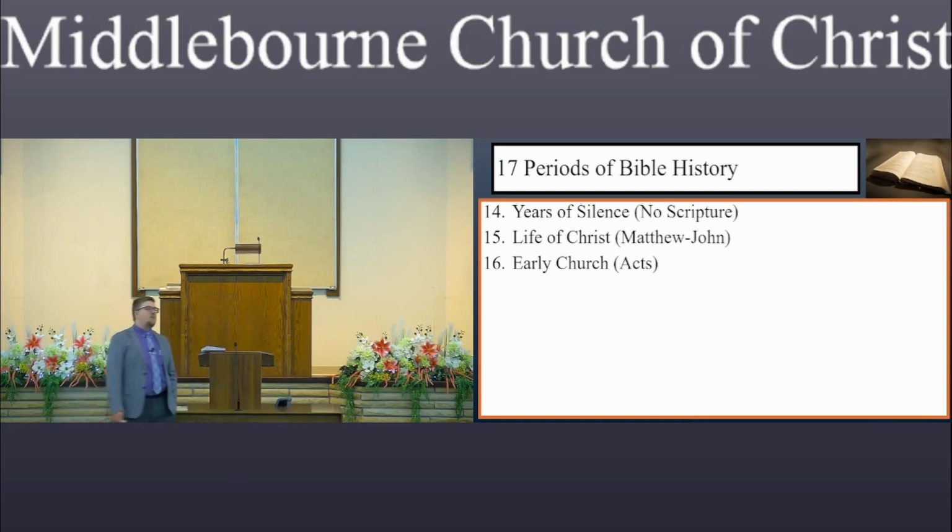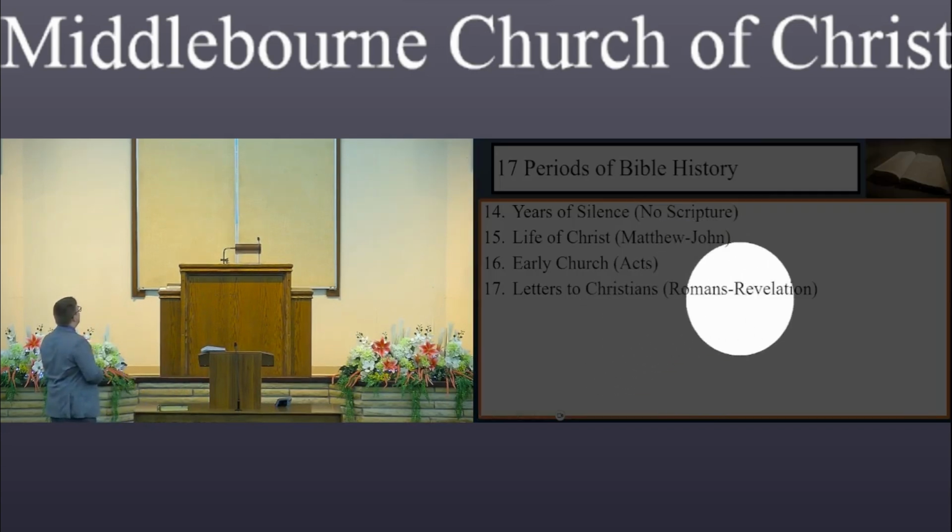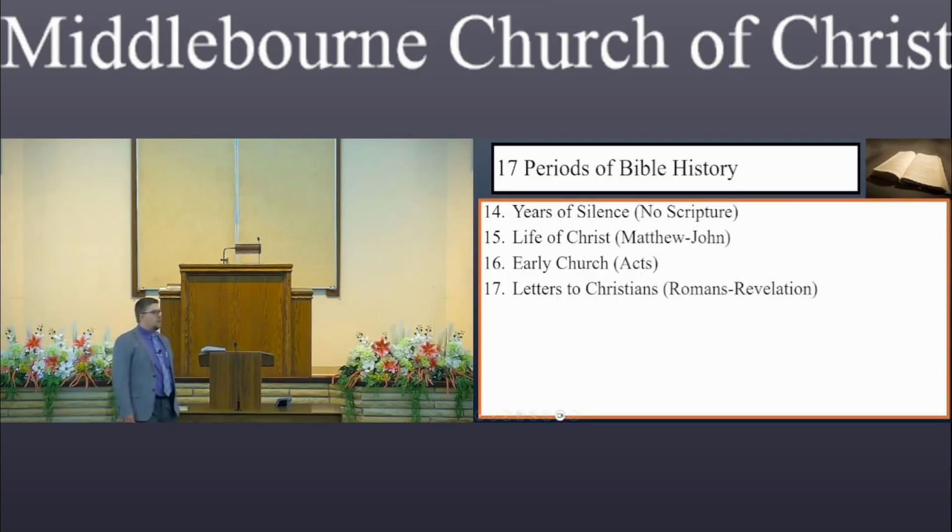And then the final one we often call the epistles, but for this we call it the letters to Christians. The reason is you'll sometimes see Romans through Jude as epistles and Revelation as a book of prophecy. But all of those, Romans through Revelation, whether it was a regular epistle or a book of prophecy, all of them were letters written to Christians.